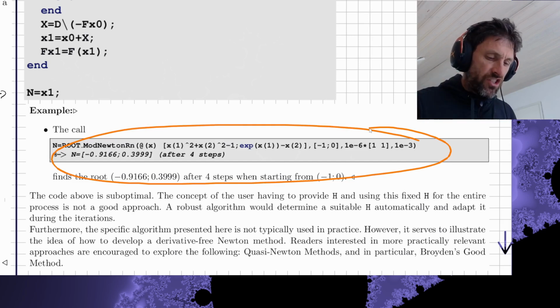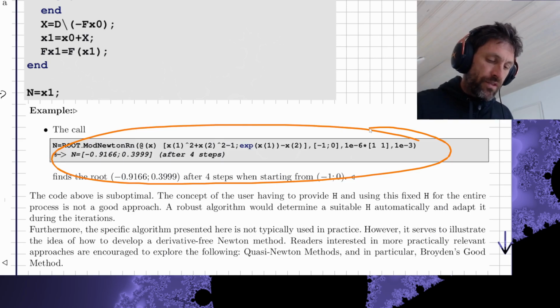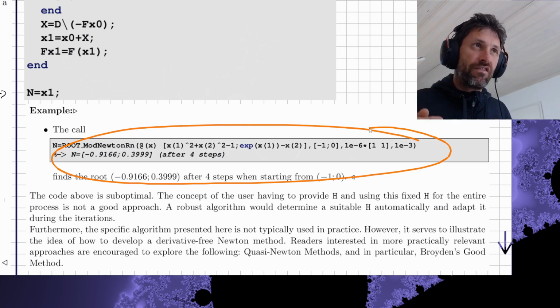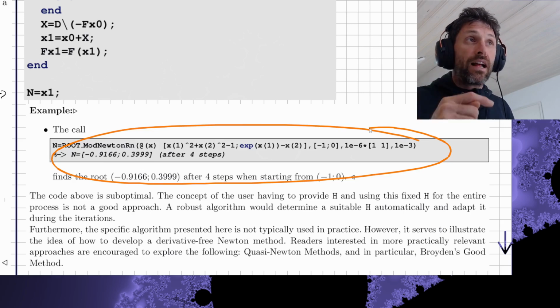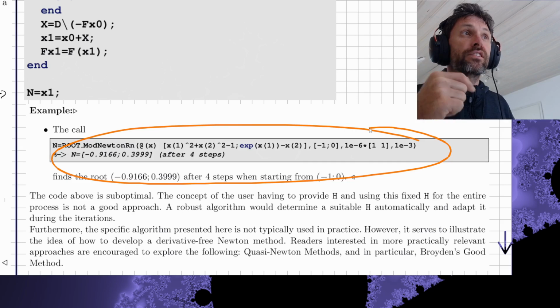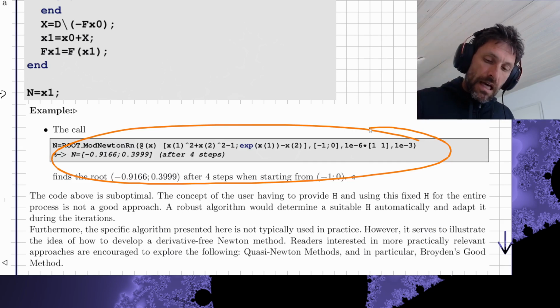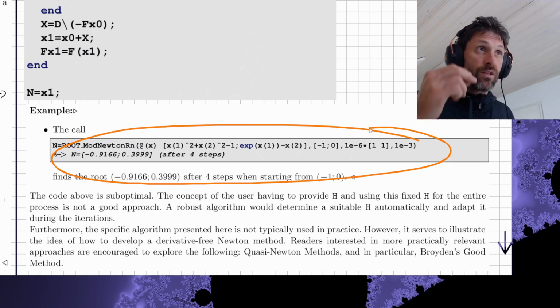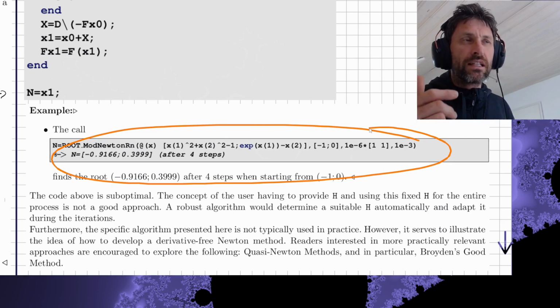The code is not really optimal, it's suboptimal. The concept of having the user provide the h vector is not a good idea. In my algorithm you can work with different h's, and keeping that h for the whole process is not really a good idea.